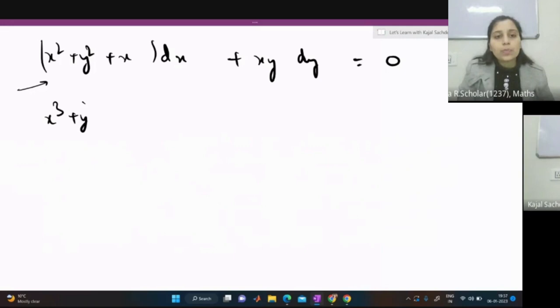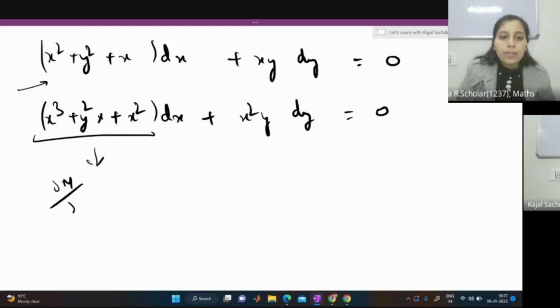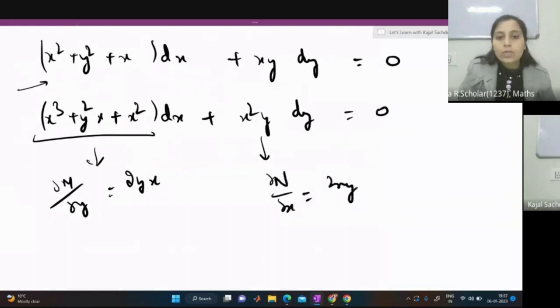We get (x³ + y²x + x²) dx + x²y dy = 0. Now we can see that integrating M with respect to y, we get 2yx, and differentiating N with respect to x, we get 2xy. Now this becomes exact.